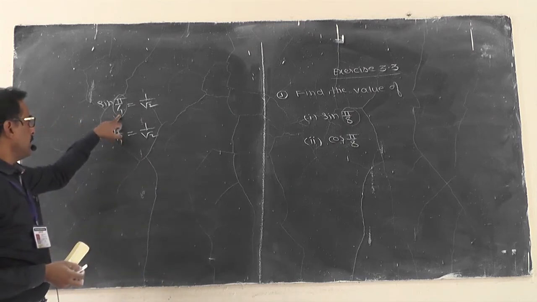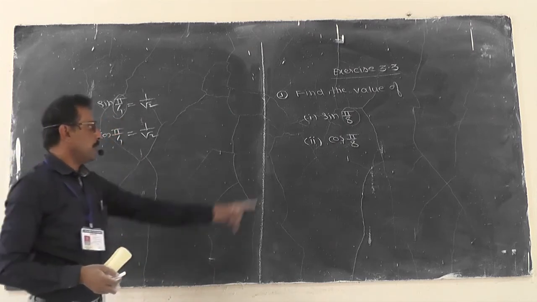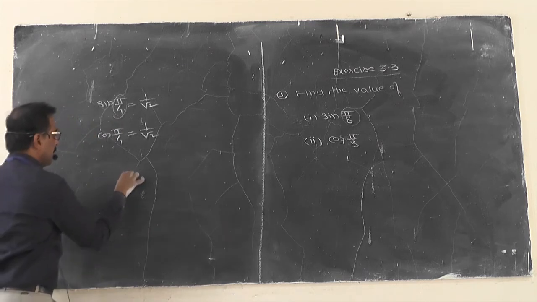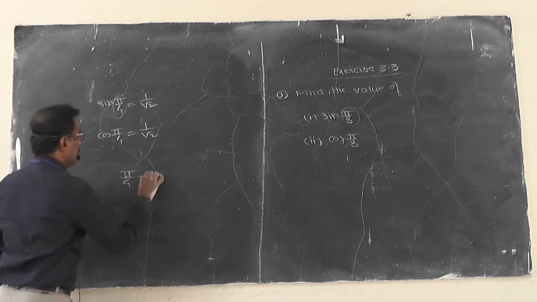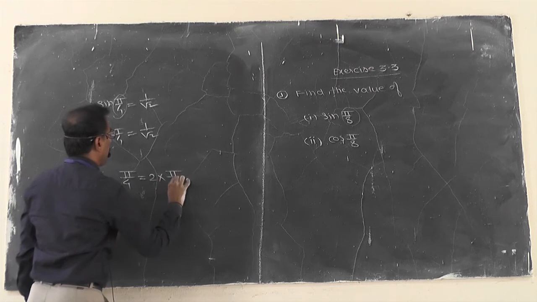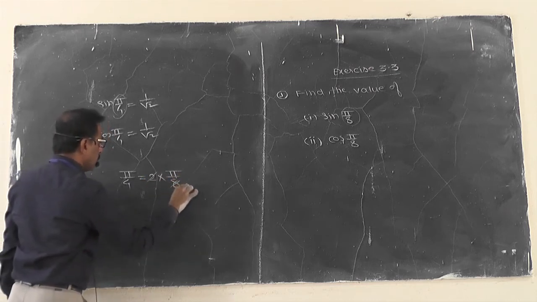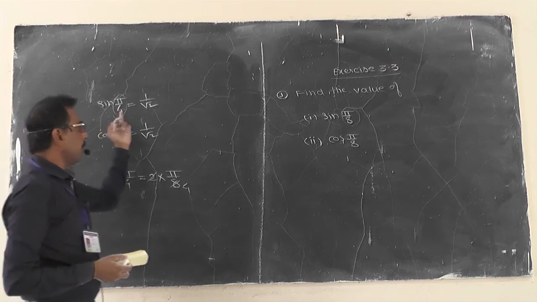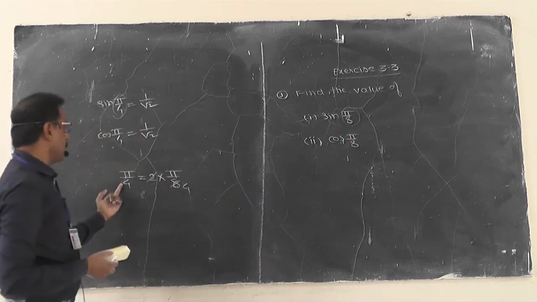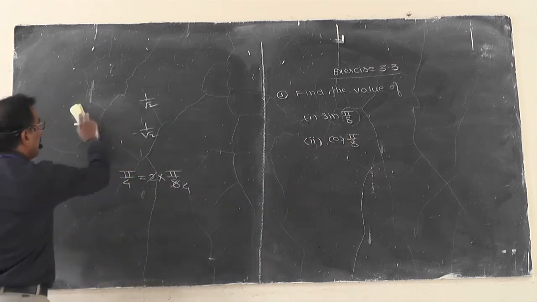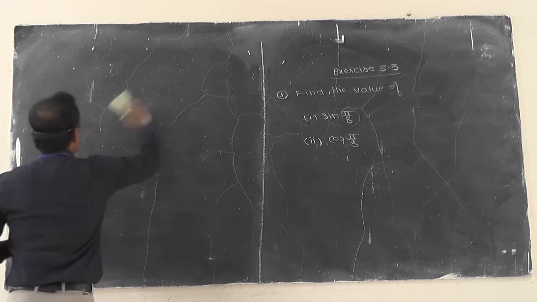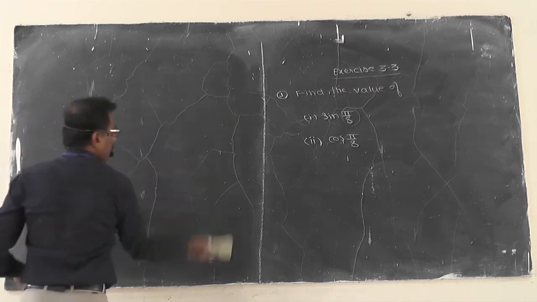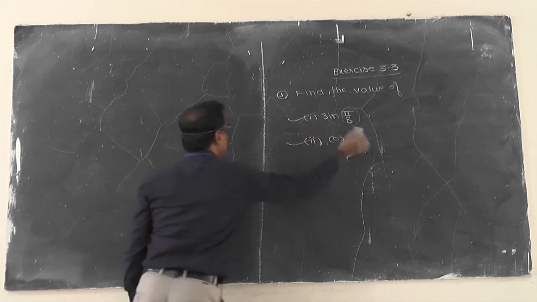Pi by 4 is double of pi by 8, right? Two 4s are 8, it becomes pi by 4. So pi by 4 is twice of pi by 8. With the help of this we will continue to find values for sin pi by 8 and cos pi by 8.